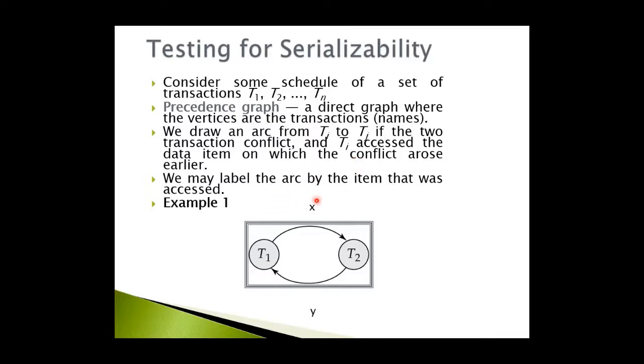We may label the arc by the item that was accessed, so that we remember which data item the conflict arose from. So we can mention the data item on top of the arc. This is optional, but you can follow it.